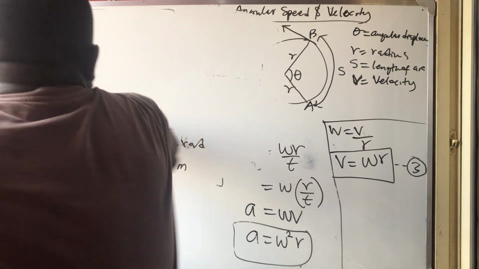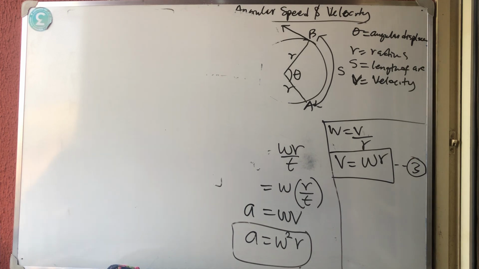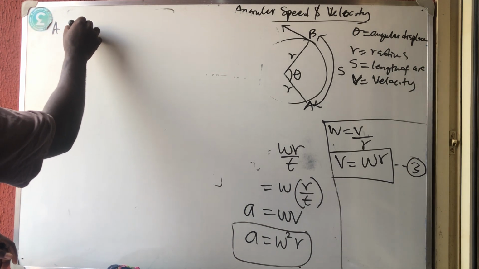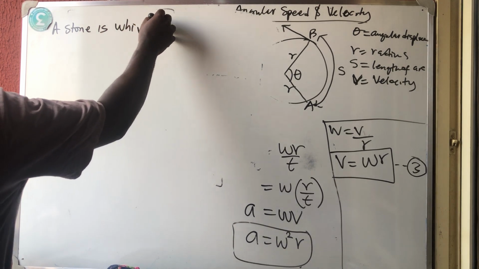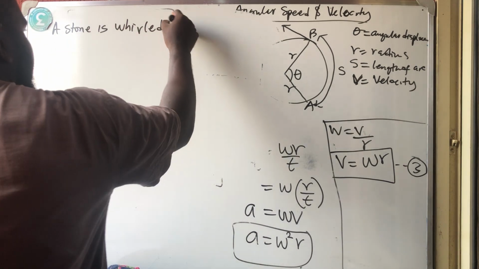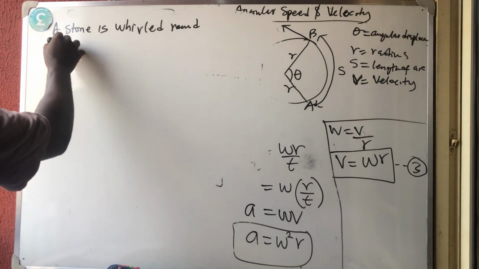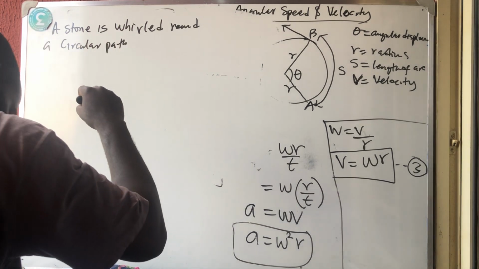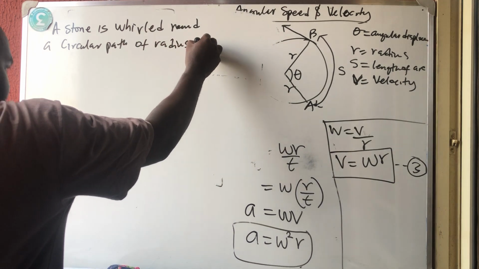So let's start answering questions. The first question said, a stone is whirled round a circular path of radius 15 cm.